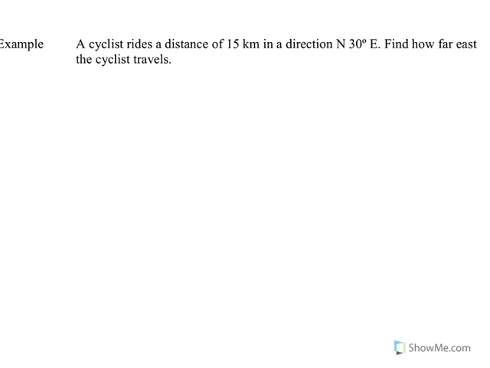In this one, a cyclist rides a distance of 15 kilometres in a direction north 30 degrees east. Find out how far east the cyclist travels. So we start with north up the page, and our cyclist has ridden 15 kilometres in a direction north 30 degrees to the east.